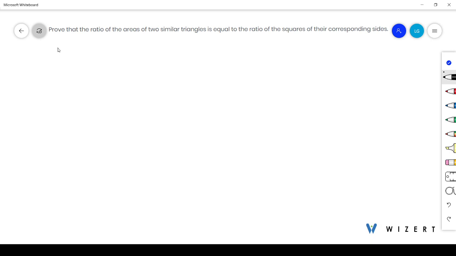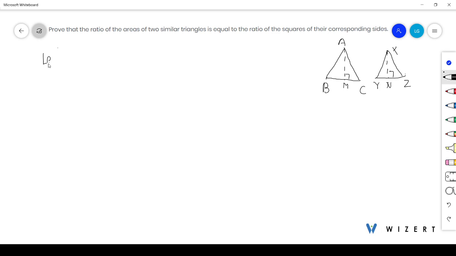Now to prove this, firstly, suppose two triangles, triangle ABC with this bisector AM and triangle XYZ with bisector XN.